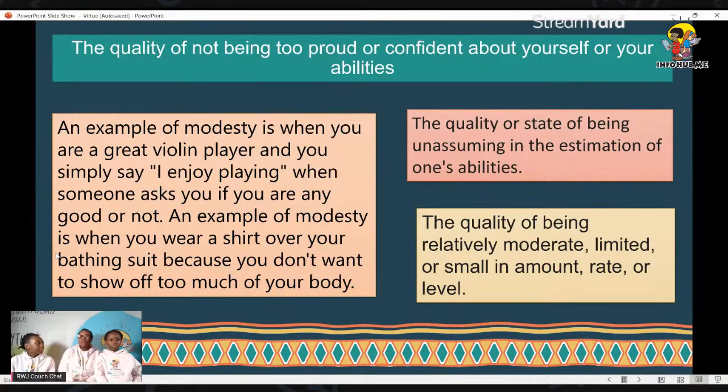One of the things I've noticed with kids is once they win a competition, it gets over their head and they forget that competition is not the end. There's something bigger than competition. So I'll read the big one. An example of modesty is when you are a great violin player and you simply say, "I enjoy playing," rather than saying, "I'm so great."